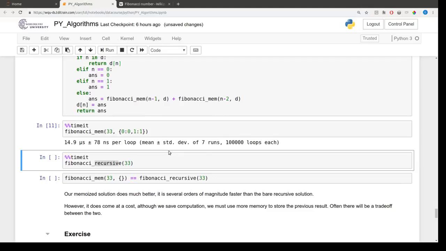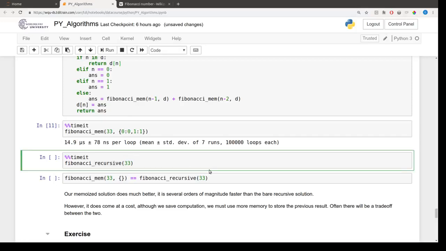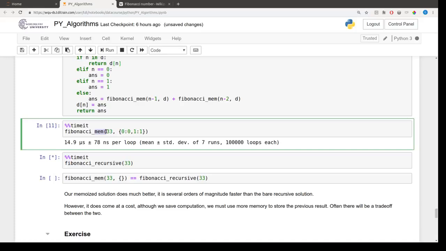So on average, it ran this function 100,000 times, and it found it took on average about 15 microseconds to calculate the 33rd Fibonacci number when we were using the memoized version of the algorithm.